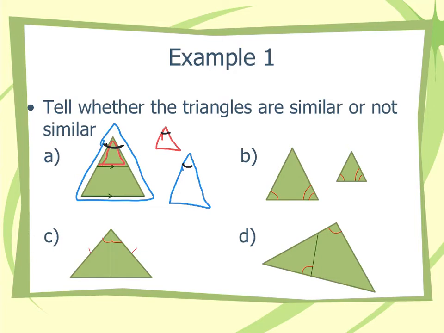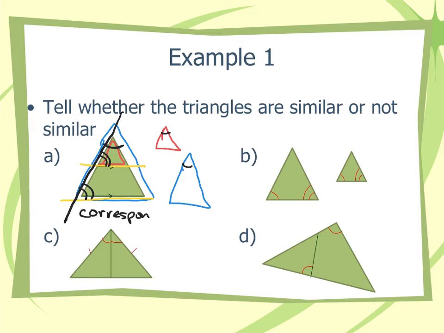Now I need to find a second pair. Notice the only given here was that I had parallel lines. So I knew that this line is parallel to this, and I can use this side as a transversal, making this angle congruent to this angle because they're corresponding.